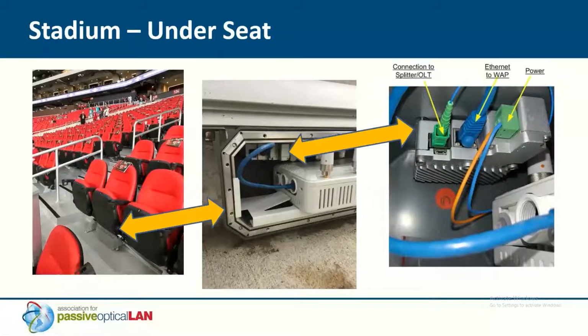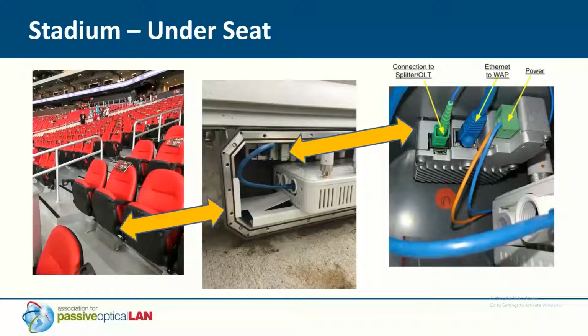This is back to the stadium we looked at there, but on the ONT side. So these large stadiums, many times what you have, you can see on the very far left picture there, and then a zoom on the middle and right, an enclosure where the ONT is actually mounted in there, very small. You can see in the middle picture at the top, a hybrid cable coming into that enclosure that provides a single mode fiber and the copper pair for power in the same sheath.